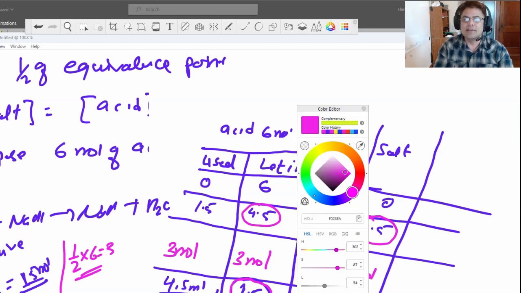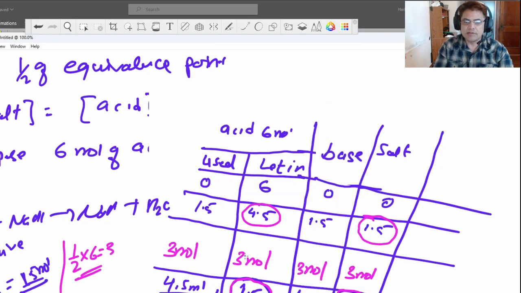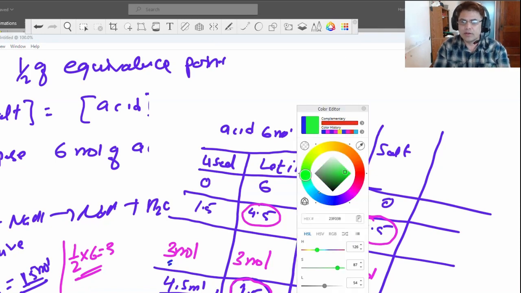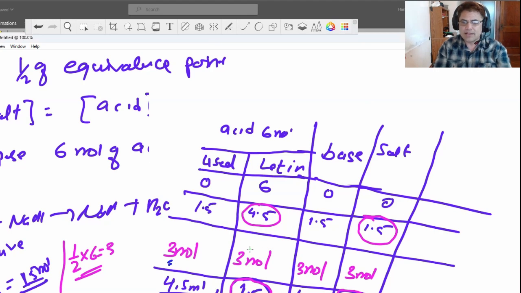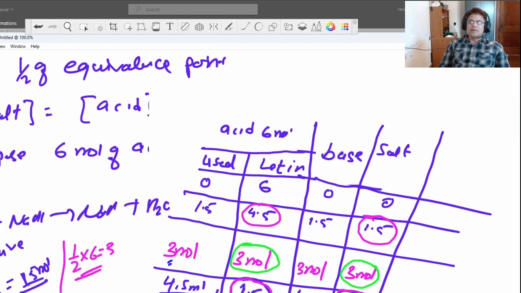Okay, now let's see how much is left at the half equivalence point in your flask. 3 mole got neutralized, but how much is left behind? 3 mole of acid is still there at the half of equivalence point. And the salt is also 3 mole. You see that at half of the equivalence point, salt equals acid.